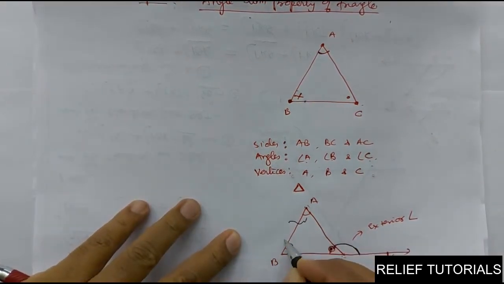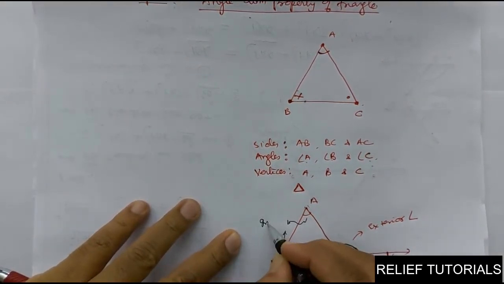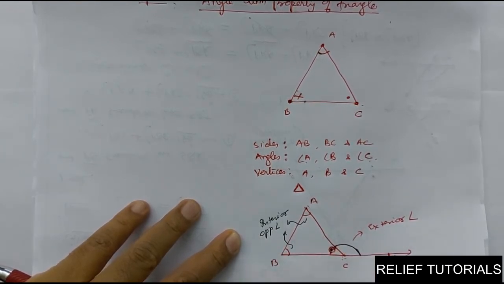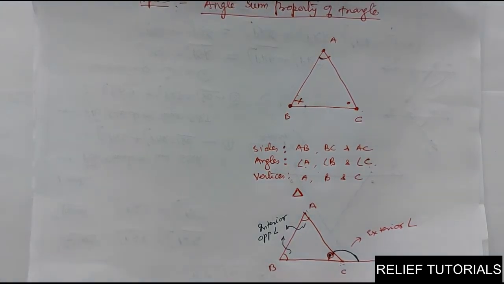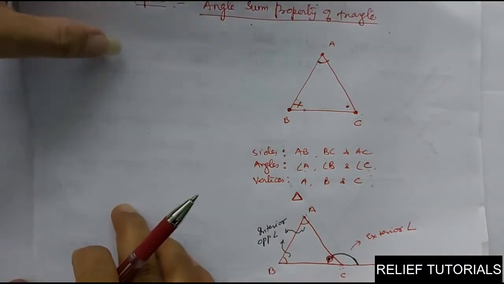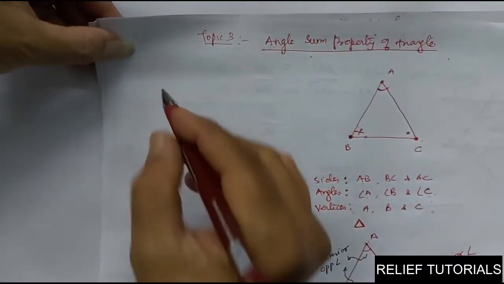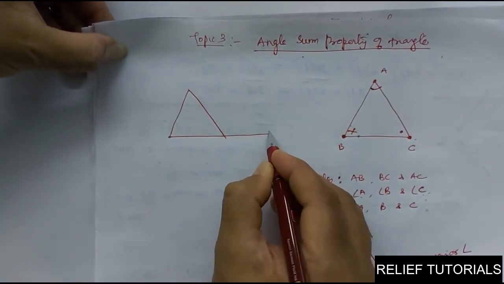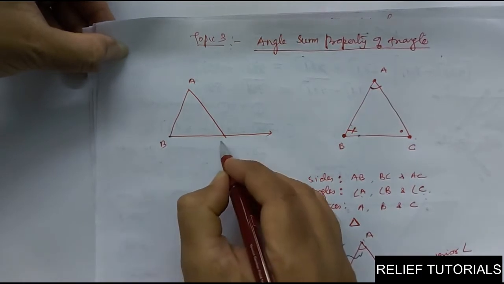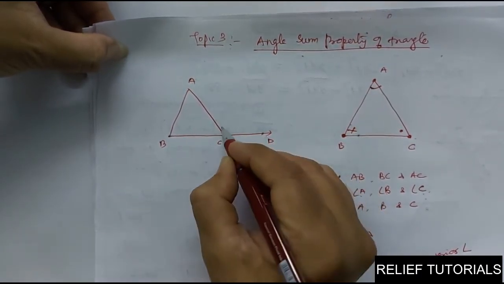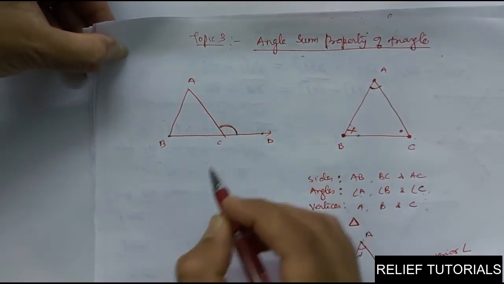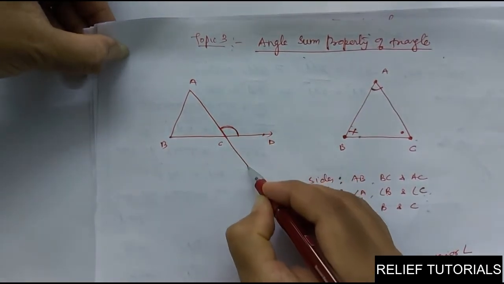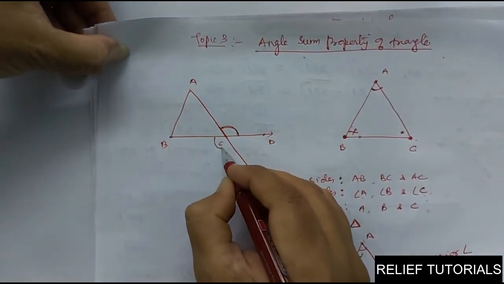So these are interior opposite angles. Clear? Now one more thing we are going to discuss. Now the question arises, how many exterior angles does a triangle have? If I draw one triangle here, this is A, B, C and this is D. So this is the exterior angle at C. Similarly, if I produce this, this is also an exterior angle.